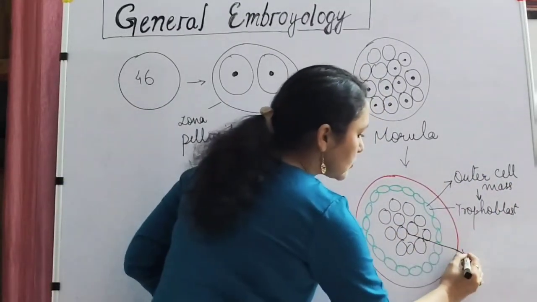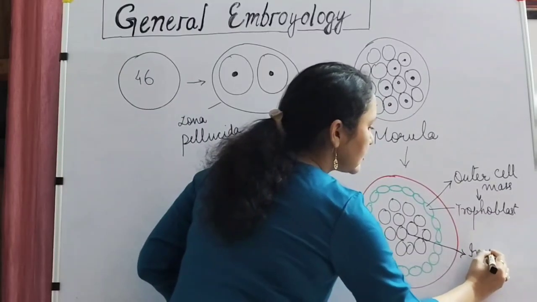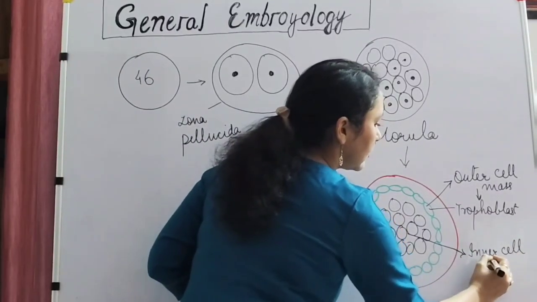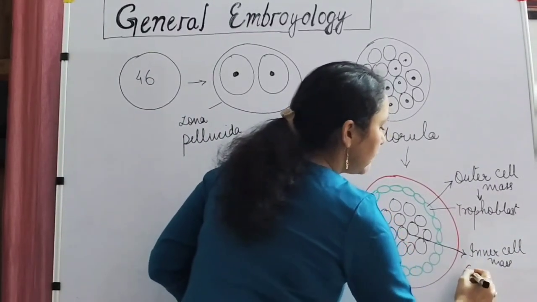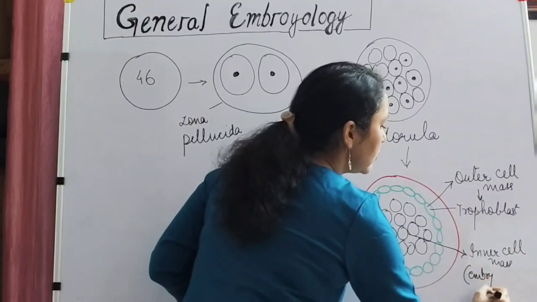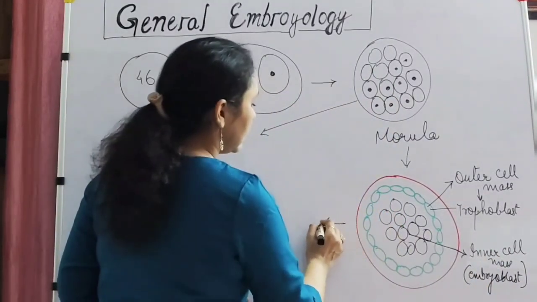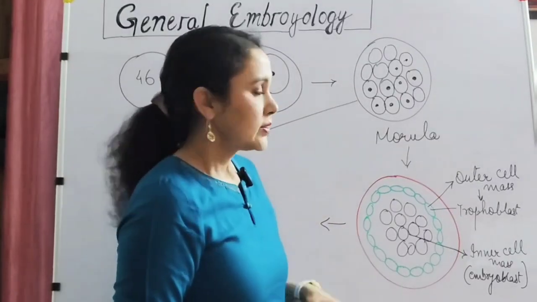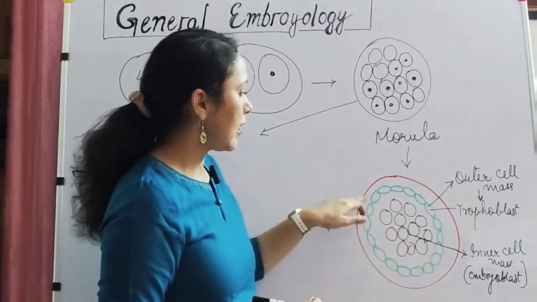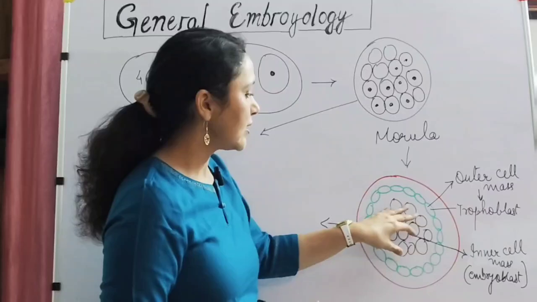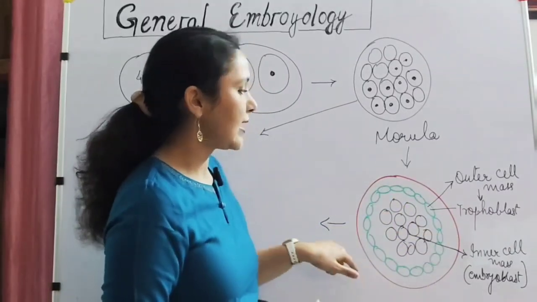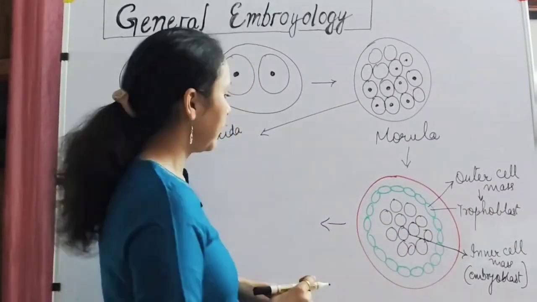And this is called the inner cell mass, and it will form the future embryo. So we call it the embryoblast. So we have the inner cell mass and the outer cell mass: trophoblast, embryoblast, and on the outer side there is the zona pellucida.